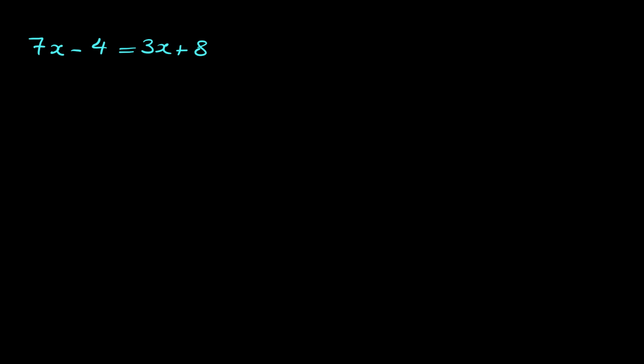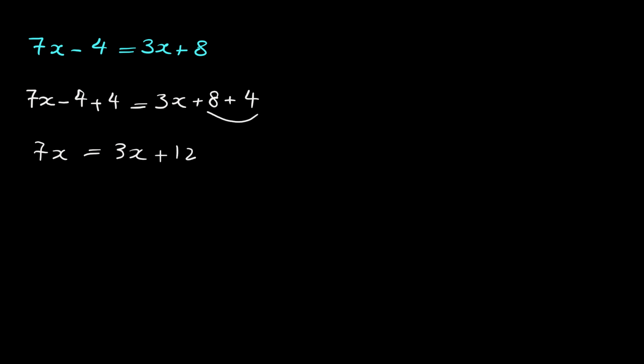How can we get rid of negative 4? By adding 4. So we have 7x minus 4 plus 4. And because we added 4 to the left, we had to add 4 to the right. Then on the left, we have 7x equals 3x plus 12. 8 plus 4 is 12, minus 4 plus 4 is nothing, so we only have 7x.